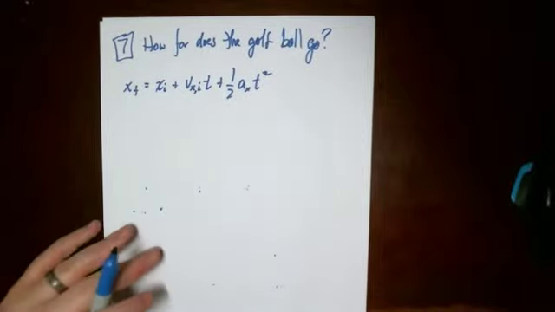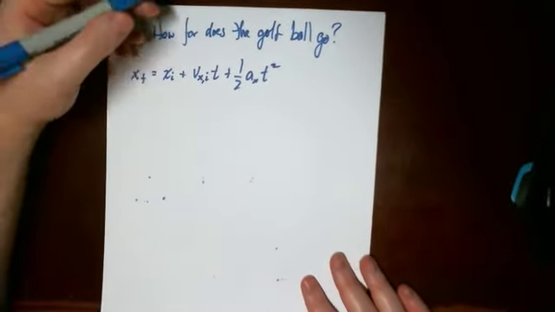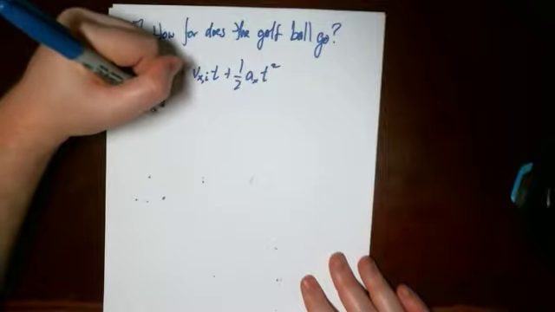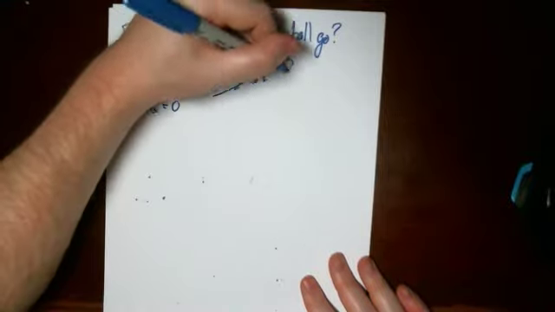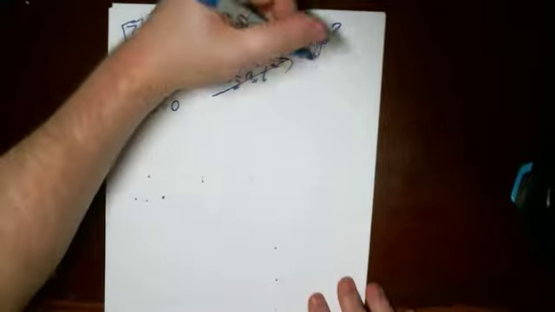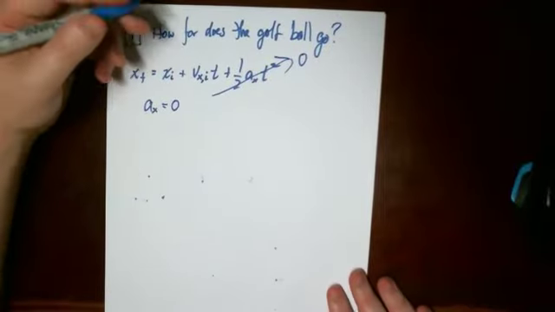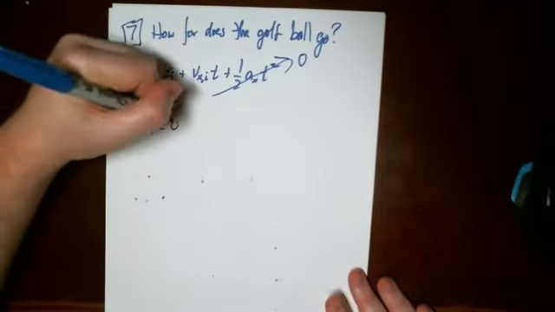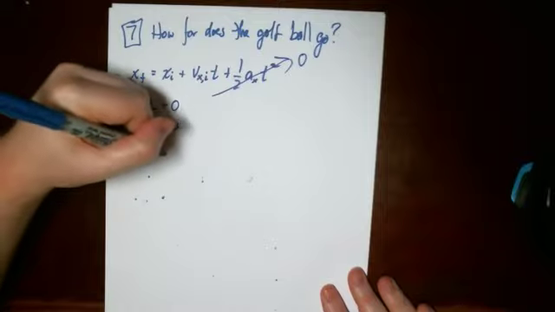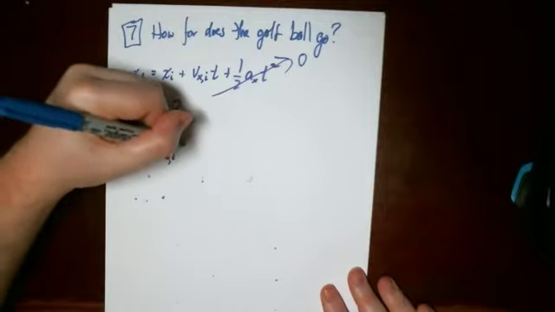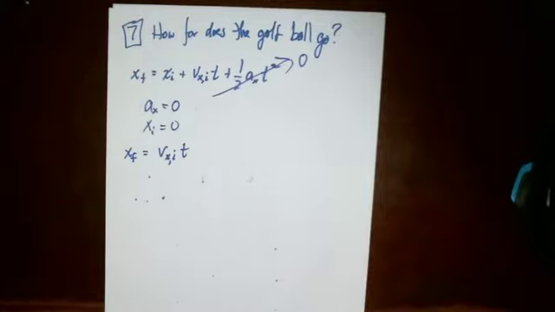The nice thing about projectile motion problems is that the x acceleration is always 0, so we can just get rid of that term entirely. We also know that xi equals 0. So xf is just going to be vxi times the time of flight, and that's it.